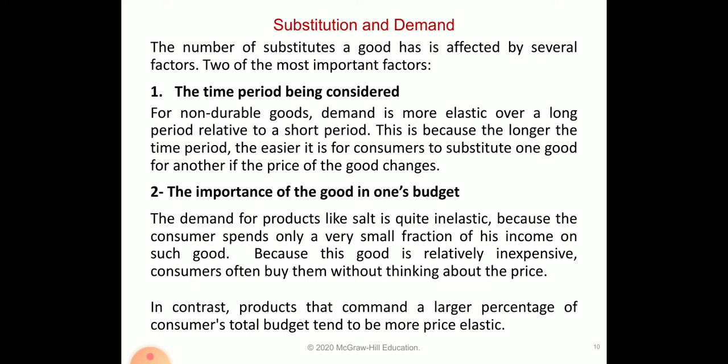Because this good is relatively inexpensive, consumers often buy it without thinking about the price. In contrast, products that command a larger percentage of consumers' total budget tend to be more elastic. If it needs more and more money, I have to think about it before I buy it. If the price is too high, the quantity demanded will decrease. So this product will be elastic.